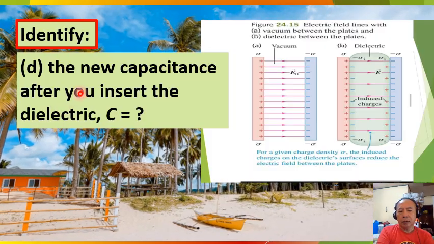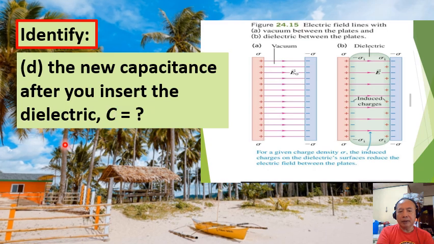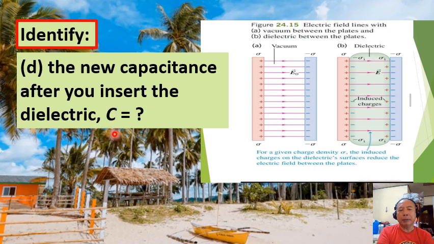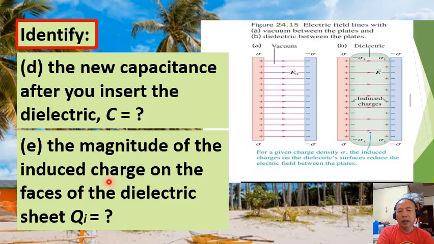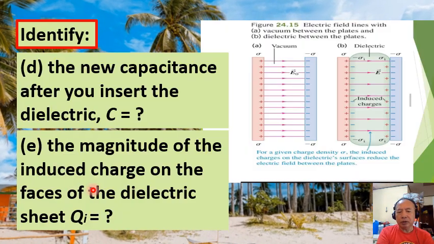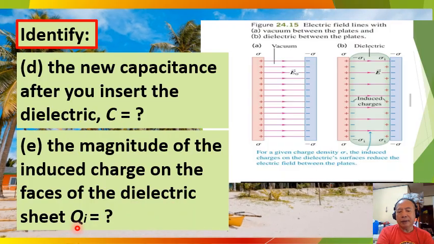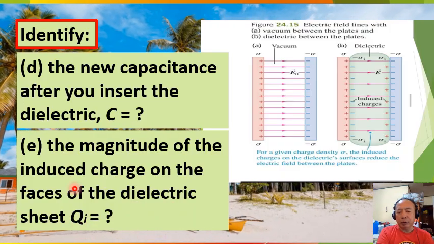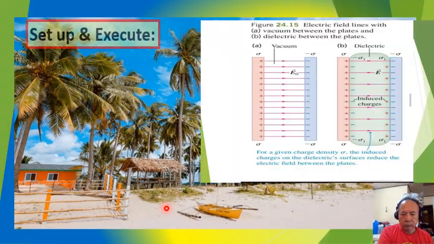D, we have the new capacitance after you insert the dielectric, that's denoted by capital C. And last but not least, in part E, we have the magnitude of the induced charge on the faces of the dielectric sheet. This is denoted by capital Q sub I.